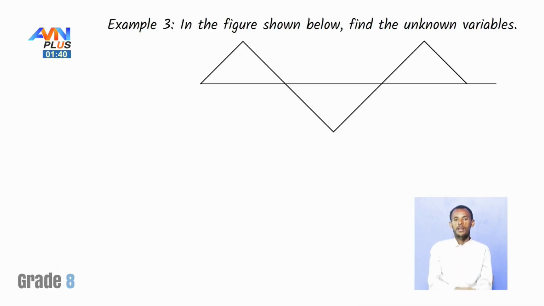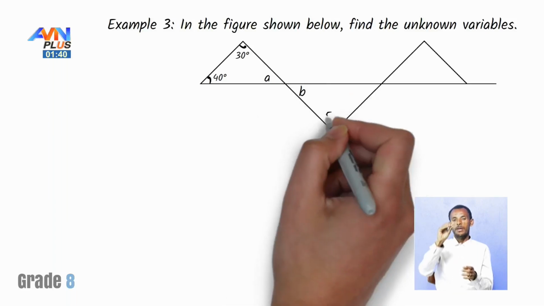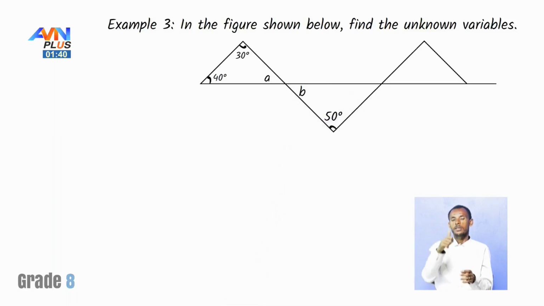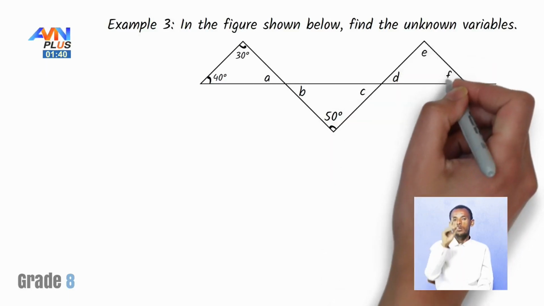Say this angle is 40 degrees and this is 30 degrees, and this angle is A, this is B. Say this is 50 degrees, this is C, D, E, F, and 100 here.